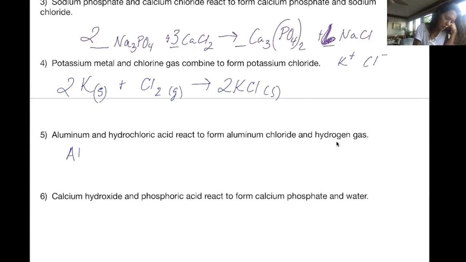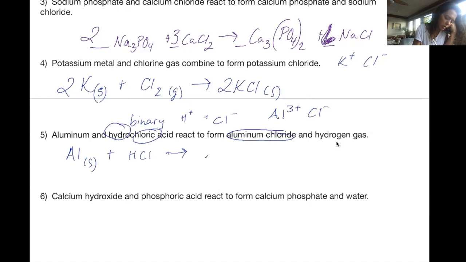Aluminum. Pause, do the rest, come back. It's by itself. Is it diatomic? No. It would be a solid. And hydrochloric acid, hydro, binary, hydrogen, and chlorine, chloride, HCl, react to form arrow, aluminum chloride, ionic, symbols, charges, AlCl3, and plus hydrogen gas.